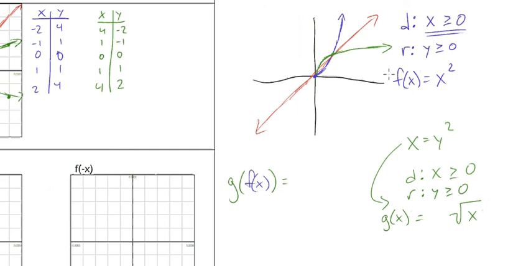Every x value I plug in, after I put it through first the f function and then that output back through the g function, I get back to my original number. We now have the inverse function by eliminating our negative x values. Now our result is in fact a function, and now we do have the inverse.